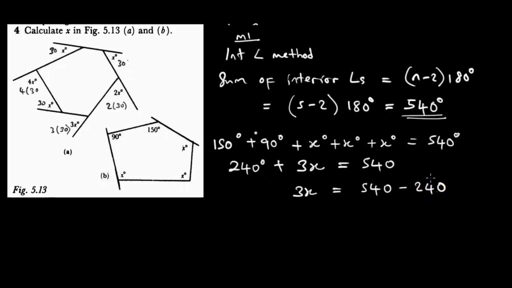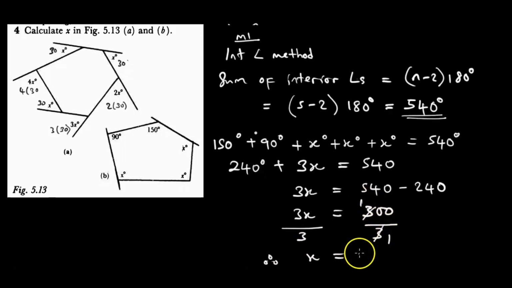And what is 540 minus 240? 300. So 3x is equal to 300. Divide both sides by 3. Therefore, x is equal to 100 degrees. You can test it: put 100 here plus 100 plus 100, and you should get 540 degrees. So that will be our answer there.